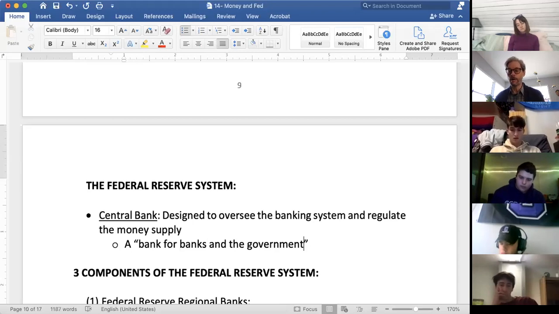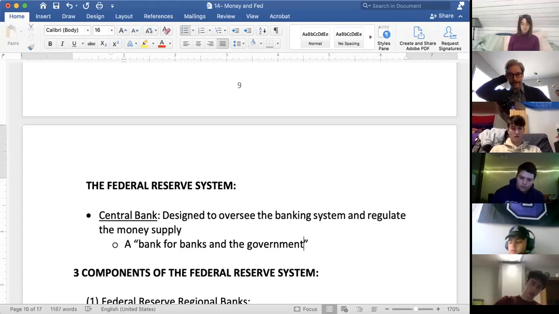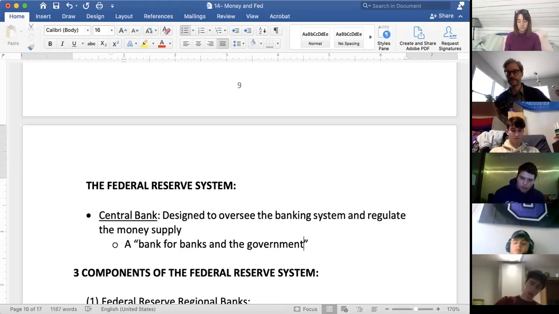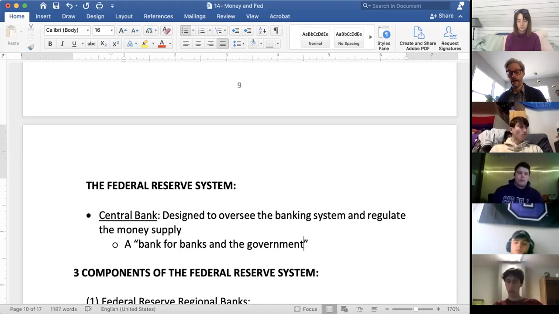Before we talk about what exactly the Federal Reserve does, let's talk about how it's organized. The makeup of the Federal Reserve is quite complicated, and in part, that reflects the very complicated relationship that Americans have had with banking and central banking. What do I mean by a complicated relationship?